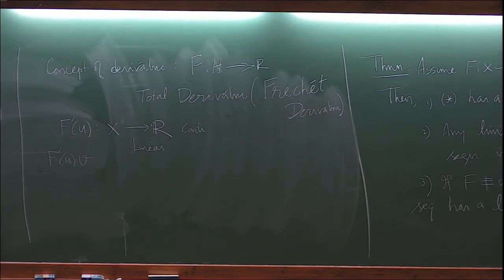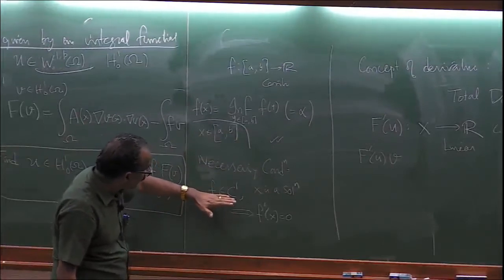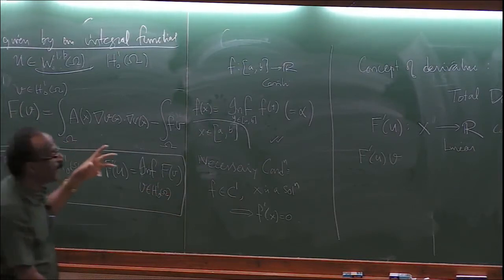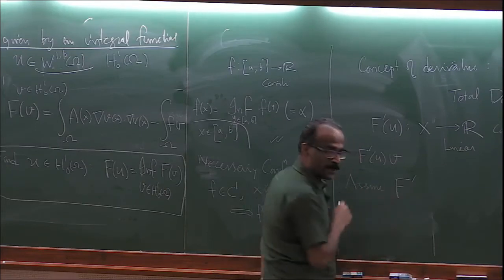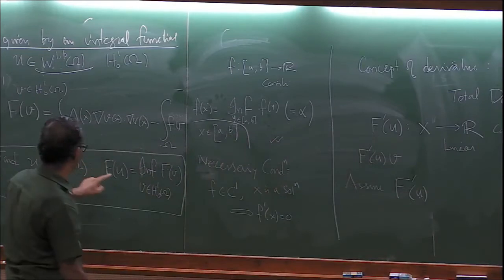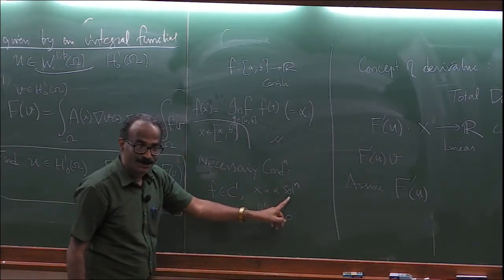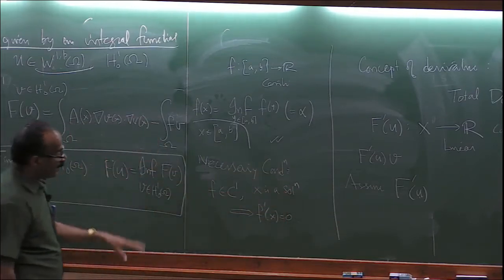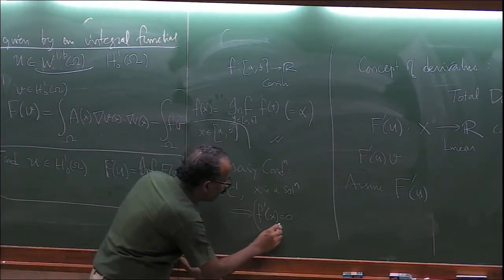The second part: assuming f is Frechet differentiable at u, where u is a minimum solution, and also assume f is in C1, and u is a solution to this problem, I want to compute my f prime of u.